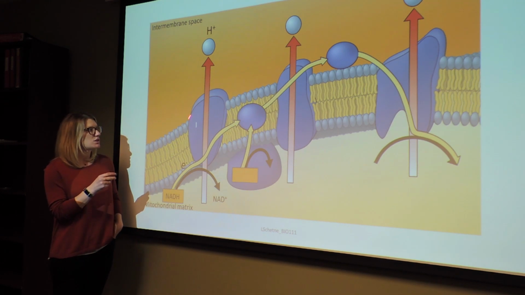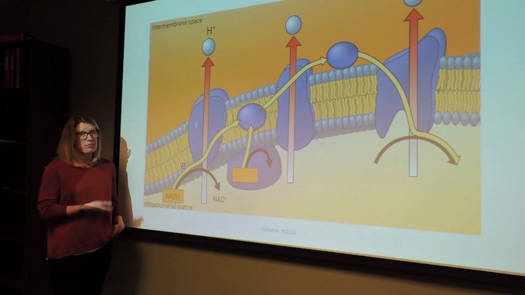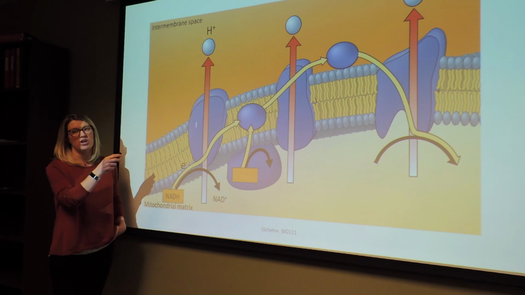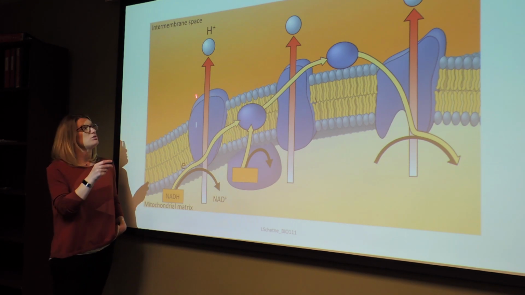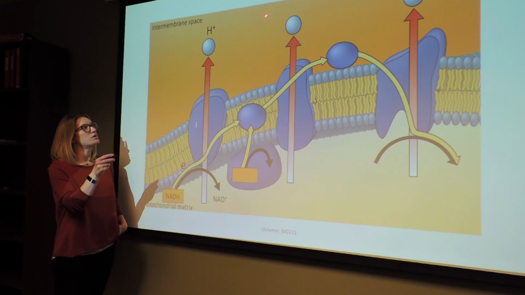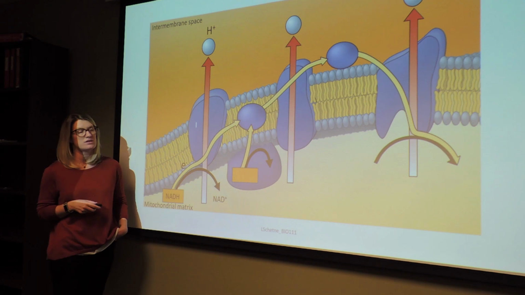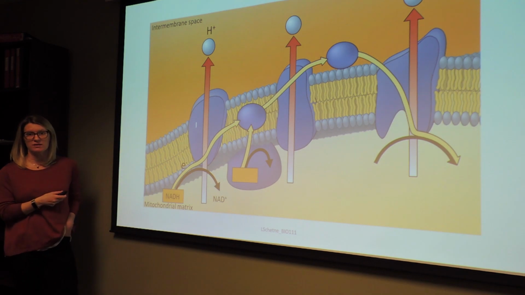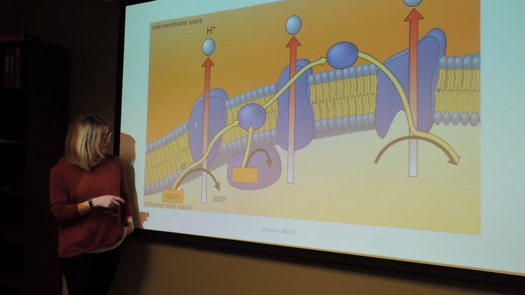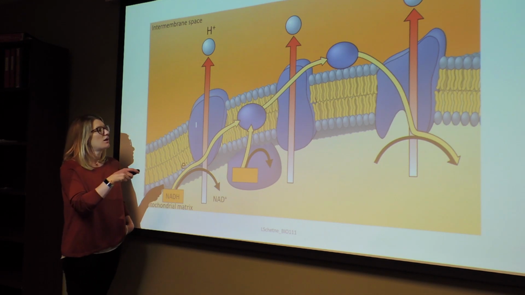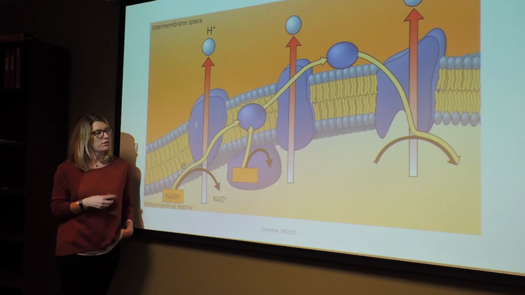So it's going to use the little bit of energy that's released from this electron to pump protons, those hydrogen ions, from an area of low concentration to high concentration, because ultimately we want to build a high concentration of protons in this intermembrane space. All right, so the electron has been donated, NADH has been oxidized, and the energy release can be used to drive this pump.